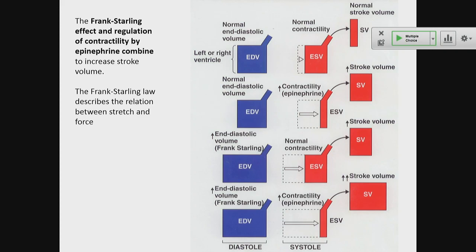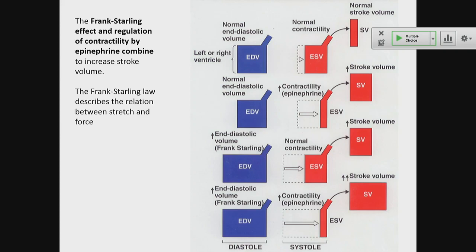In the first line here, you see the normal process. You have a normal end-diastolic volume, normal contractility, and a normal stroke volume. If you have an increase in contractility by the sympathetic nervous system, you can increase stroke volume because you now eject more blood.